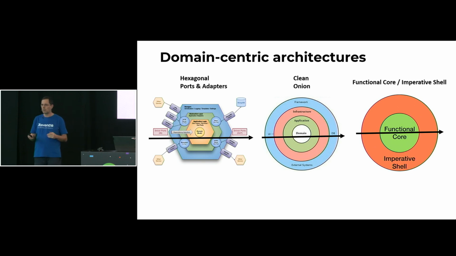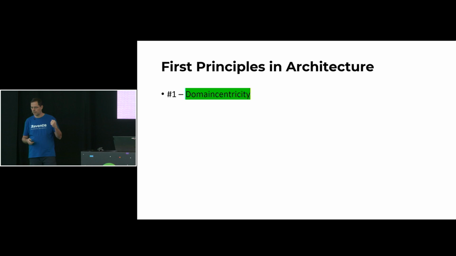What is common for all of these architectures is that the domain is in the middle, in the center. So with first principles thinking, let's extract what is common for all these architectures. We come up with domain centricity as the first principle in architecture in this talk.